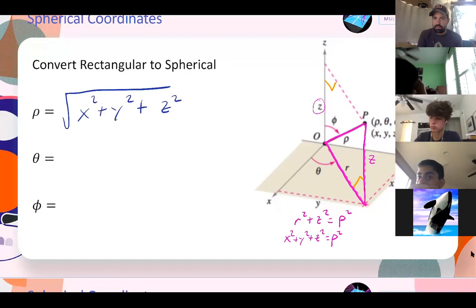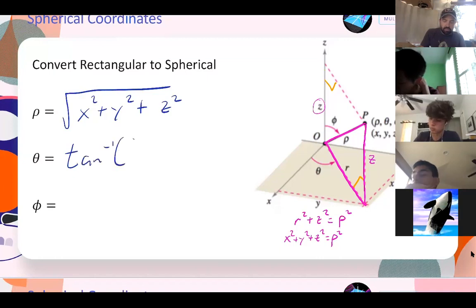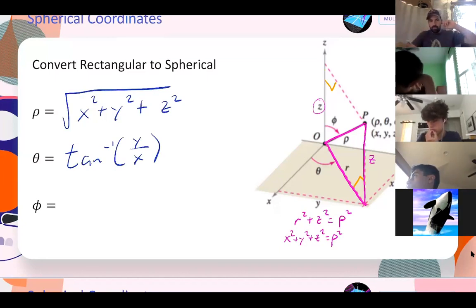Remember, it's the radius of a sphere. It's the distance formula in 3 dimensions. However you want to think of that, it's a distance. Theta is the identical theta that we had before, so we could use the same thing. Inverse tangent of y over x. Same theta as we have in polar and cylindrical, so we'll just use the same thing there.